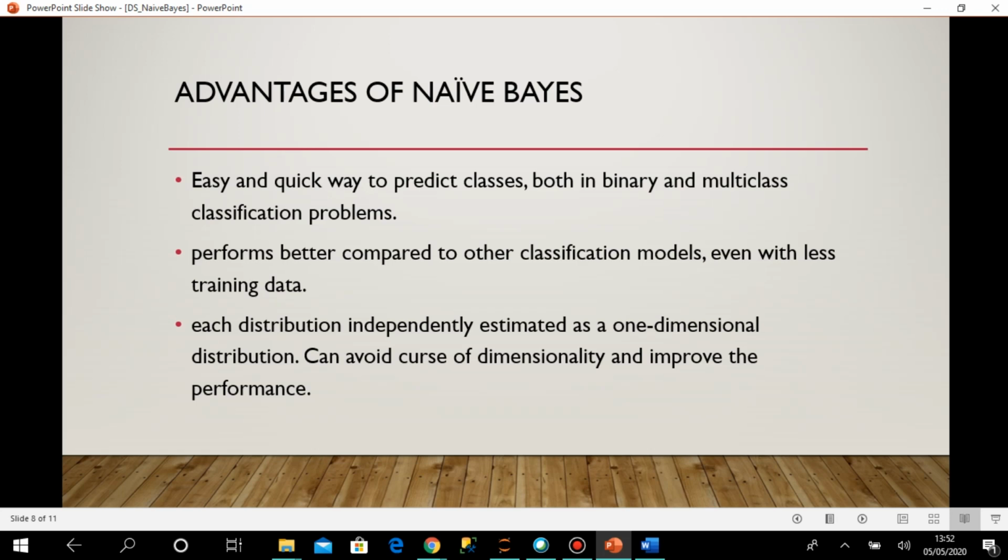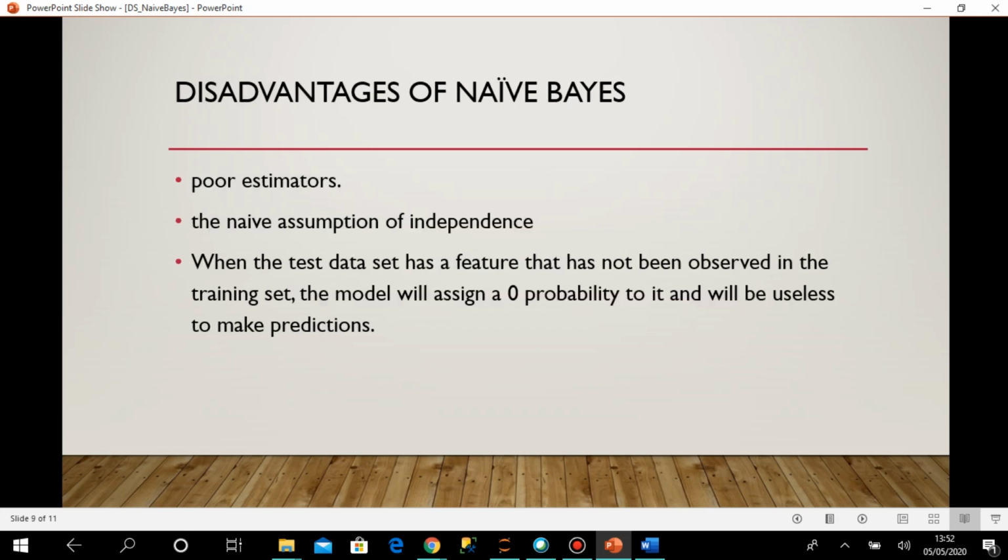So we are doing the distribution based on one-dimensional distribution, just taking one dimension at a time, so we can avoid the curse of dimensionality. We have already discussed that when there are many dimensions, it creates problems, so we can avoid that.